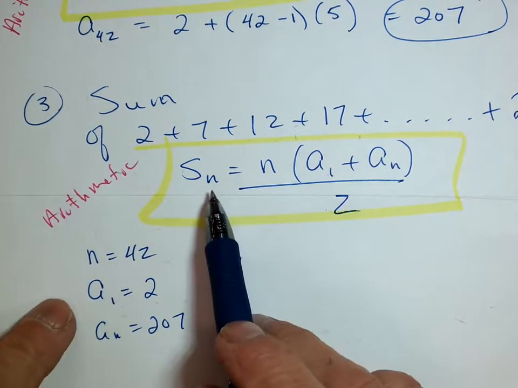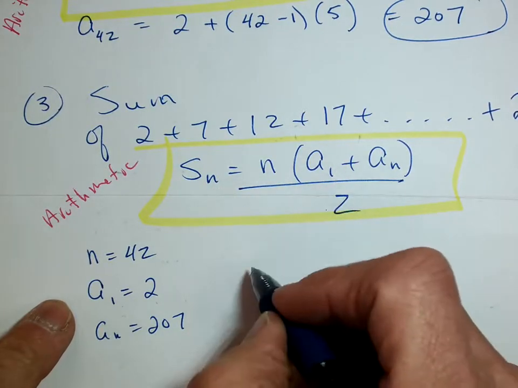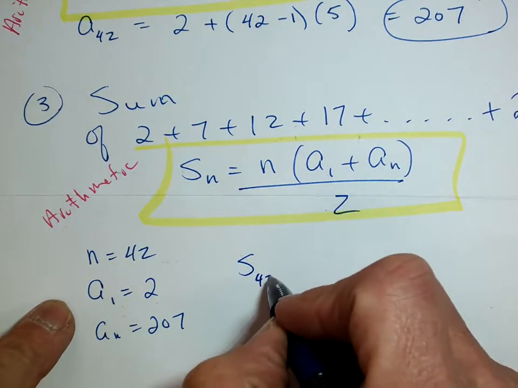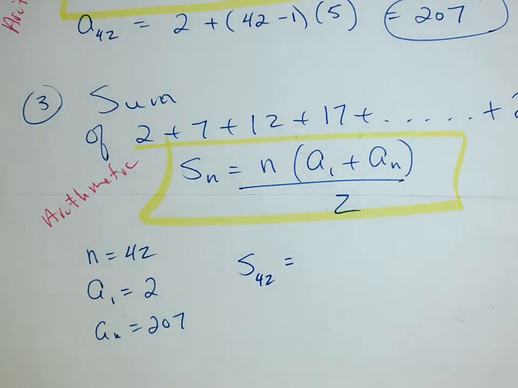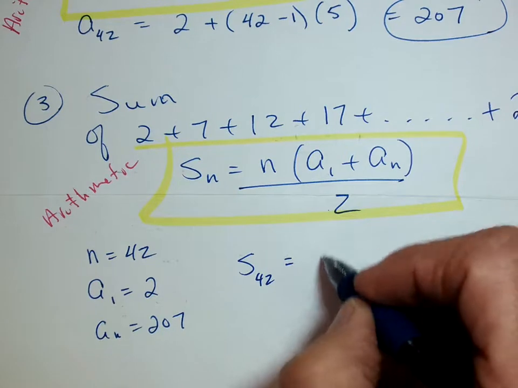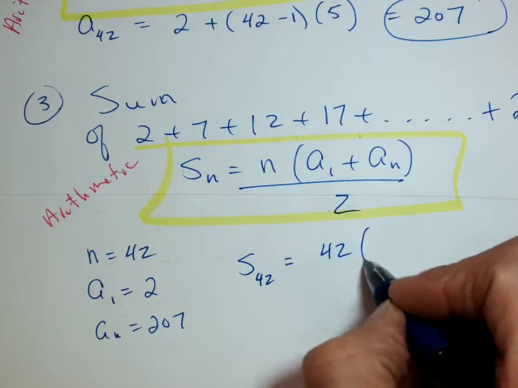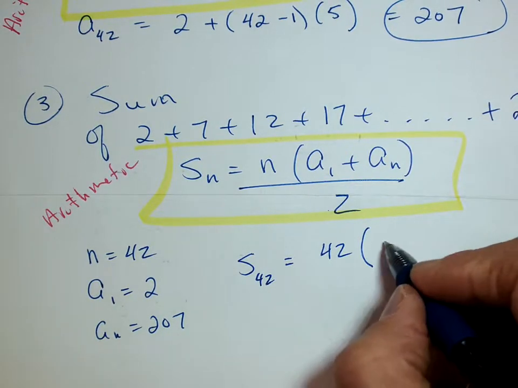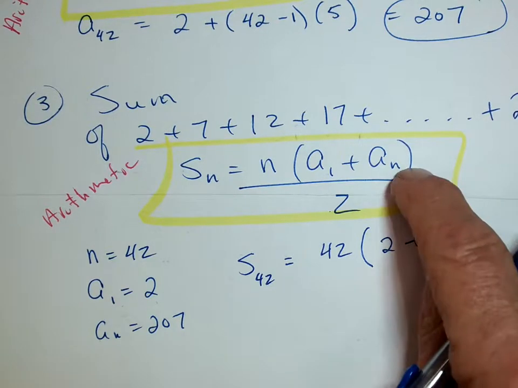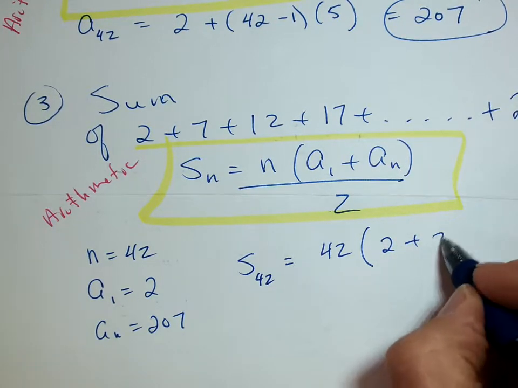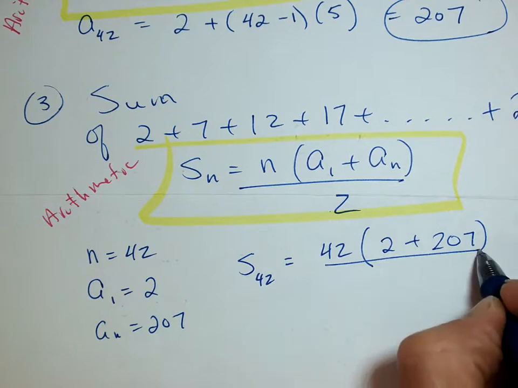So I need the sum. S of 42, the sum of the first 42 terms, is equal to n, the number of terms, which is 42, times a1, the first term, which is 2, plus an, my last term, which is 207, divided by 2.